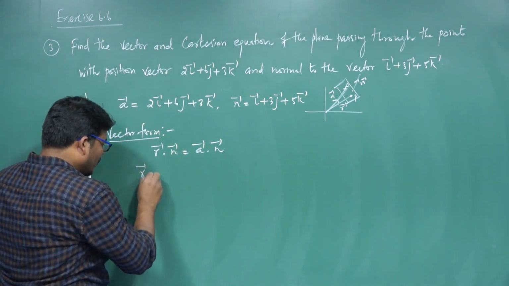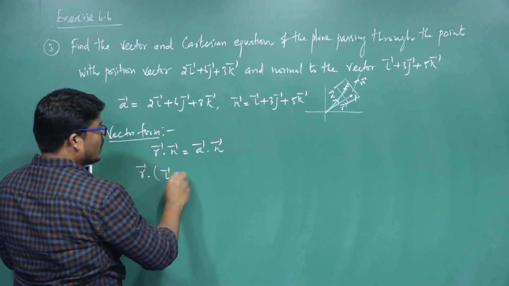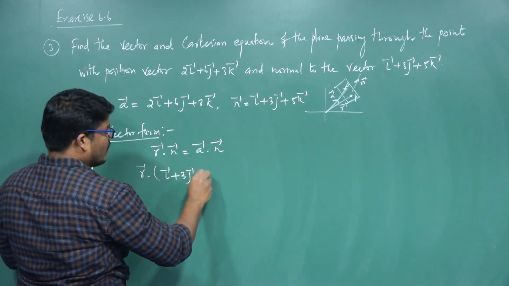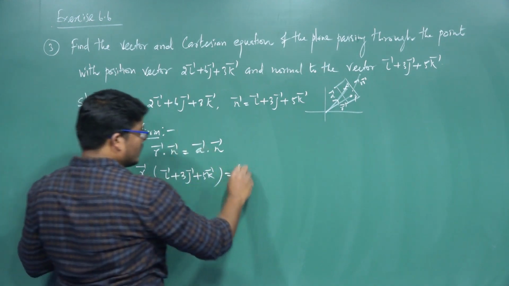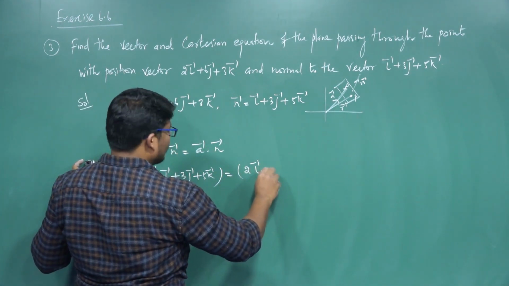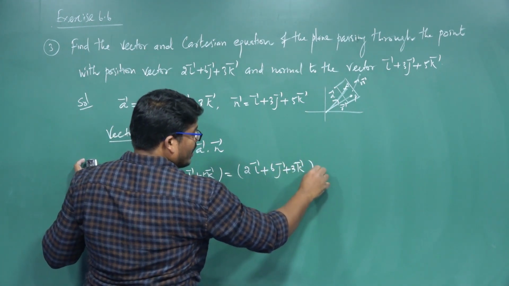Now substitute the values. Here n vector is i vector plus 3j vector plus 5k vector, and a vector is 2i vector plus 6j vector plus 3k vector.